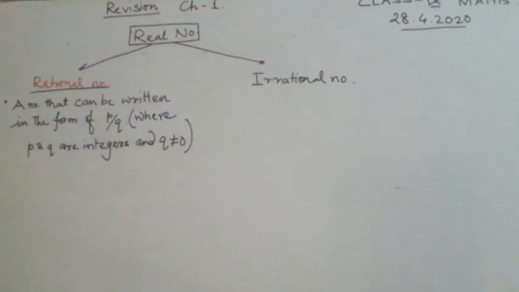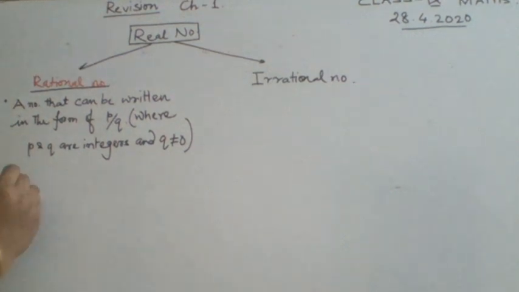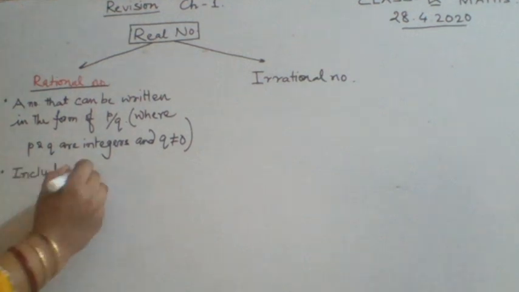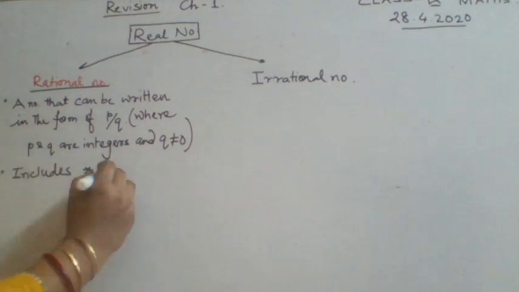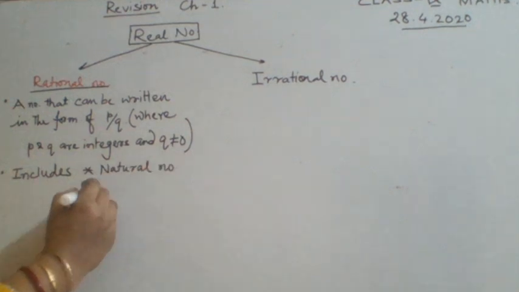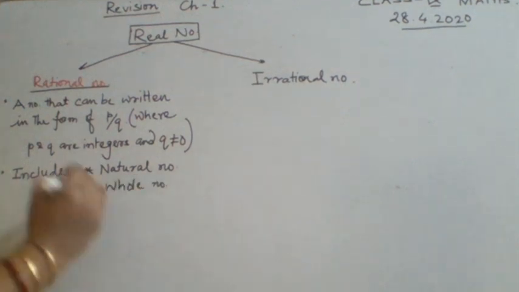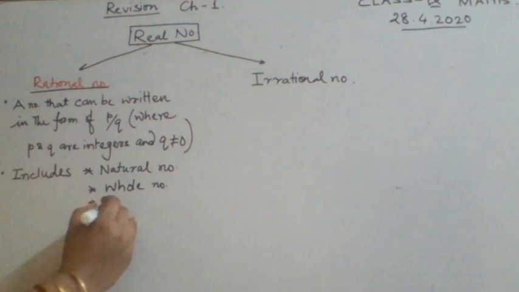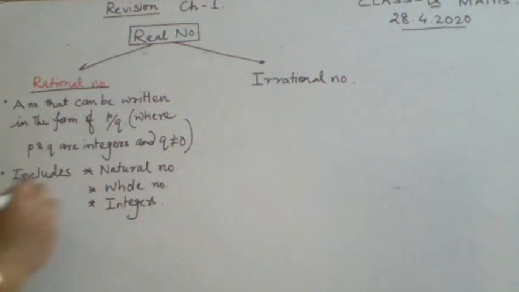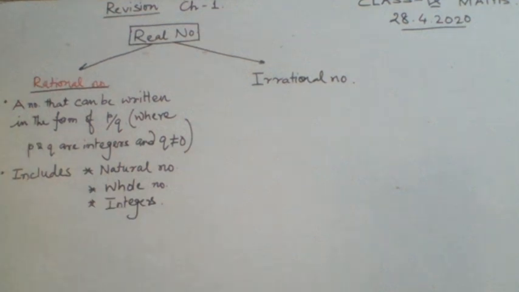Another thing about rational numbers: what all types have you studied so far? The rational number family includes natural numbers, whole numbers, then integers.